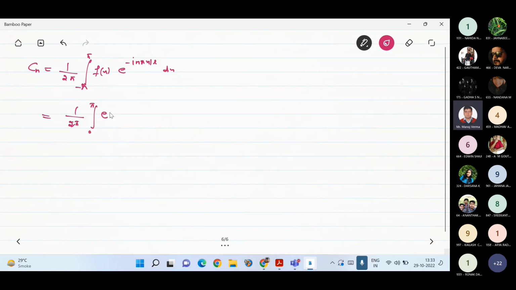There it is 1, so it will become e raised to the power minus iota nπx/L dx. Here L will become pi, and the pi cancels. Okay, just give me 1 minute.